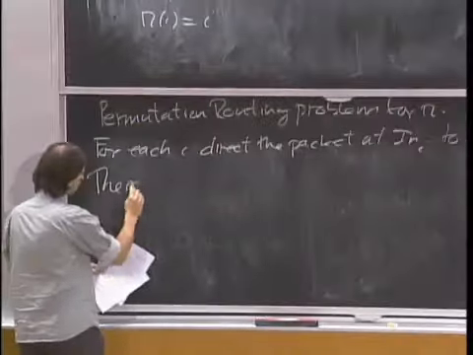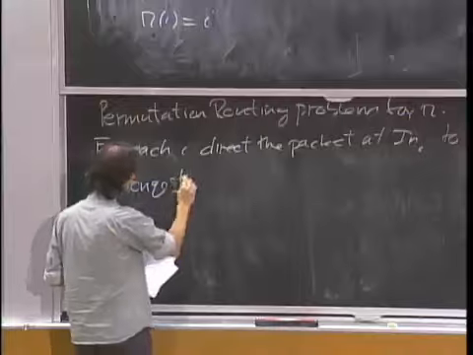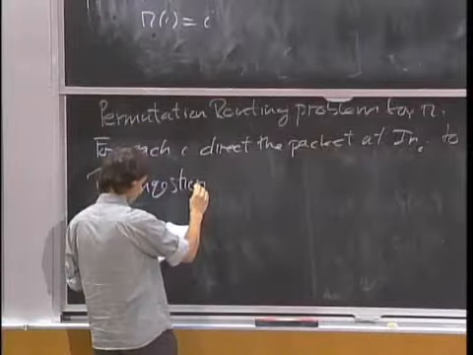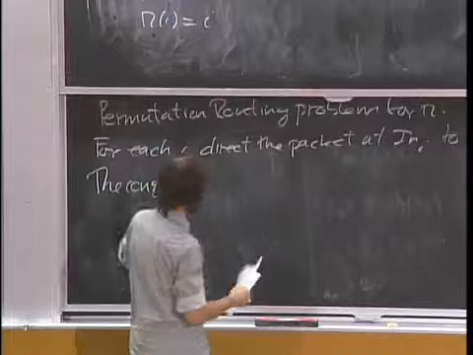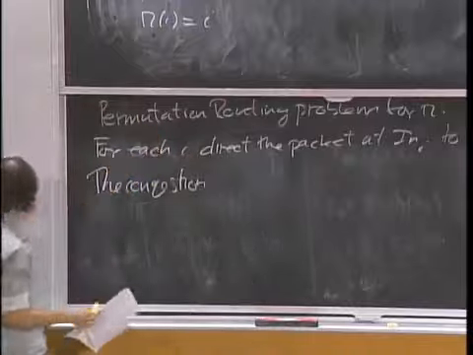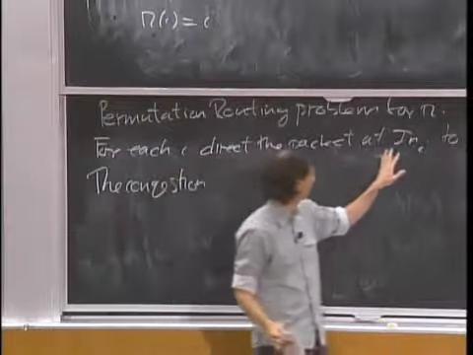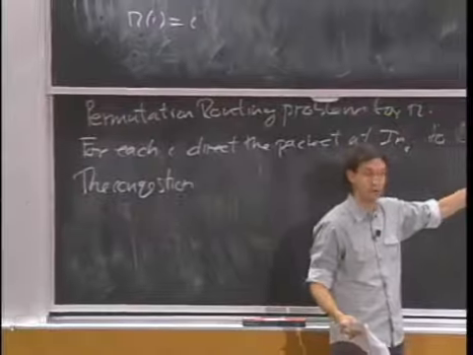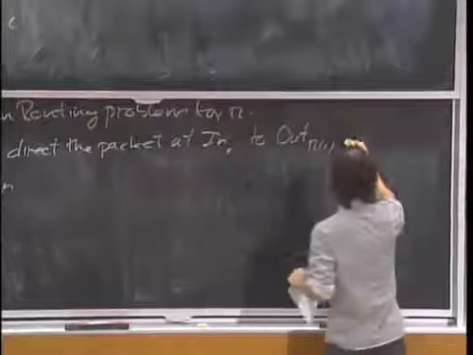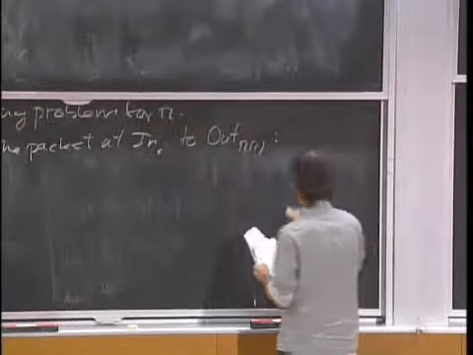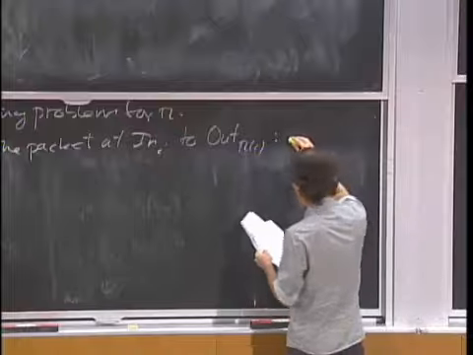Before we continue, let me first define a path. For each i, we direct a packet at input i to output pi of i, and the path that corresponds to this route is denoted as follows.